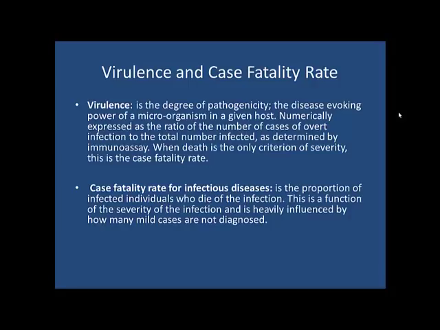For instance, the virulence of hepatitis B is 100 times higher than HIV. You need 100 times more HIV viruses than HBV to be able to cause infection. And the case fatality rate is fairly self-explanatory: the rate at which people would die from an infectious disease over a given time.